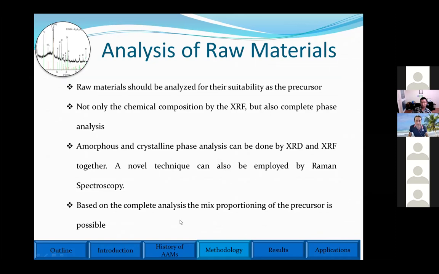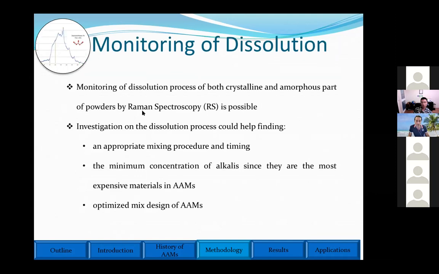And then based on the complete phase analysis, we could generate mix proportioning. So in this step, the monitoring of the dissolution process, we studied both crystalline and amorphous phases of powders.